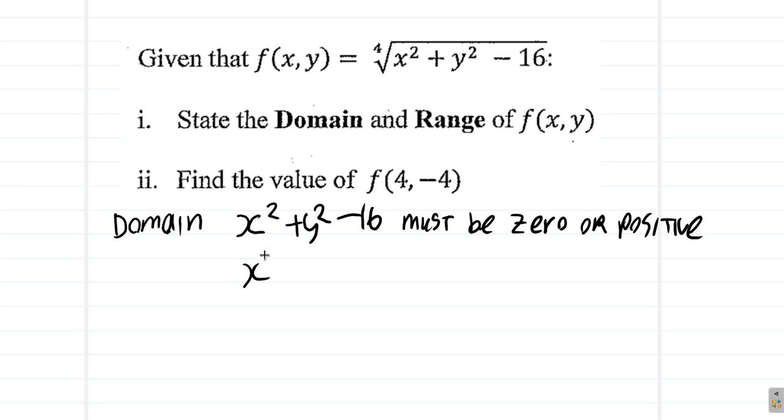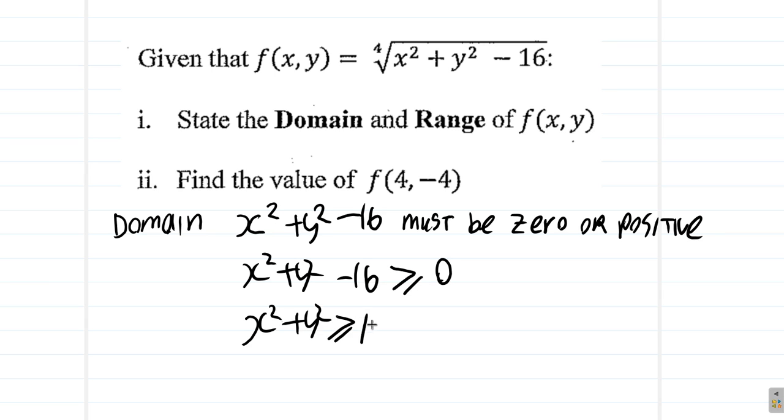So x squared plus y squared minus 16 must be greater than or equal to 0. Transposing this, x squared plus y squared must be greater than or equal to 16. Okay, so that's what you have.